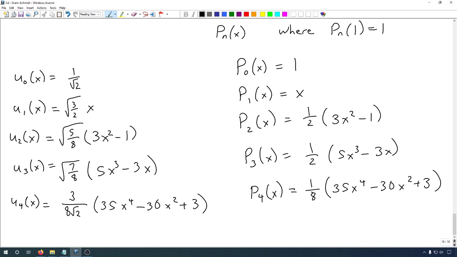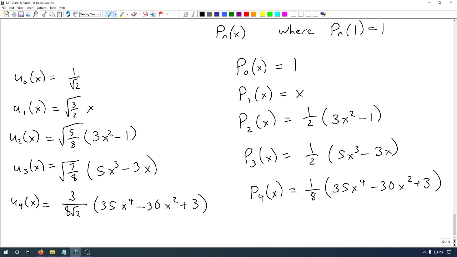So these are very nice if you're doing anything with approximating functions on the interval from -1 to 1. It has to do with projections into the space of all polynomials. I won't get too into that here, but that's kind of why these come up, as a way to approximate functions.